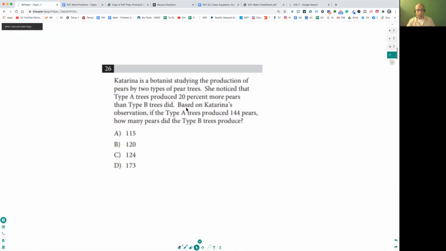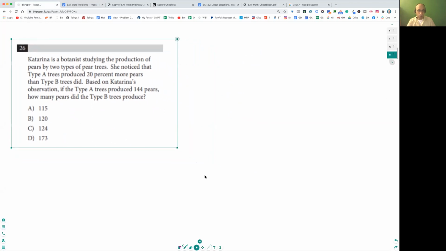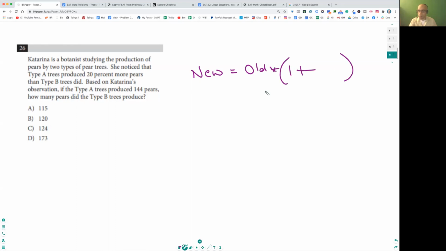I know, this session is a bit longer today. Because we are doing all of these problems, and I want you guys to succeed in this, right? So, all right, try this problem. Remember, new is equal to old times 1 plus a percent. And you might be asked to calculate old, okay? So which is new, which is old is up to you.